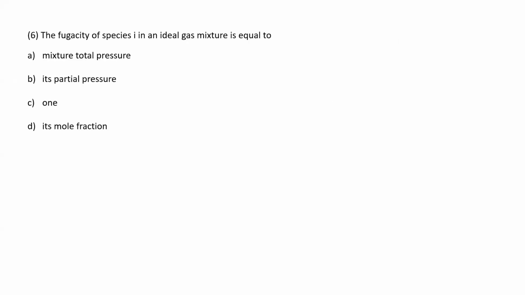The fugacity of species i in an ideal gas mixture equals what? So we have discussed, f_i is for the pure species and f_i hat is for i in the mixture, right?